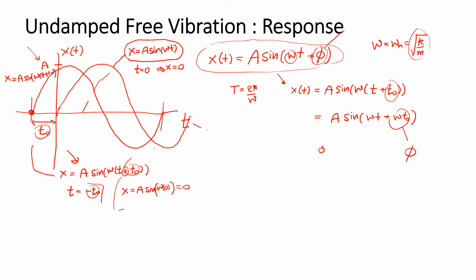The phase shift is equal to omega t0, or maybe 2 pi per T times t0.